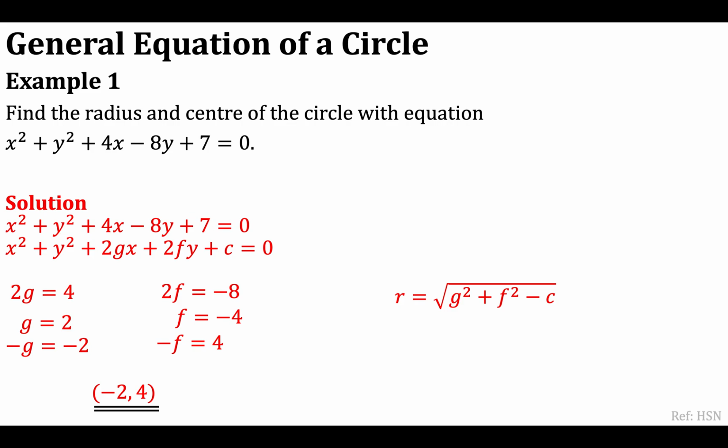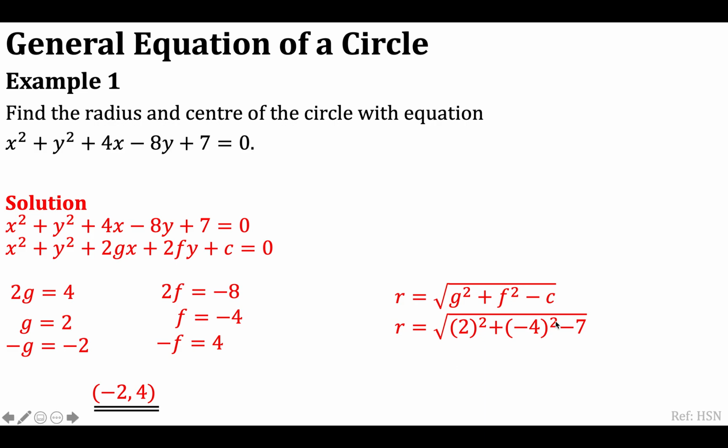Now this time, we want to find the radius. The radius is equal to the square root of g squared plus f squared minus c. So we know that g is 2, that's half of the x coefficient, and f is negative 4, that's half of the y coefficient. And we can see that c is 7. So we've got the square root of 2 squared plus negative 4 all squared minus 7.